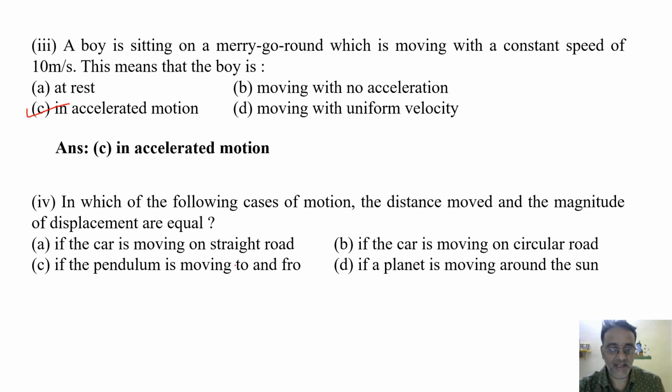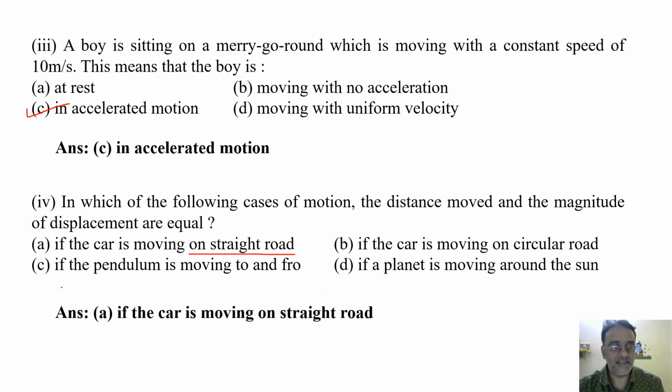So if the car is moving on a straight road, in this case we will get the distance moved and the magnitude of displacement equal, right? And in our example, if we look at one side in a straight way, the distance will be 100 meters and the displacement will also be 100 meters, right? So the correct option is A, that is if the car is moving on a straight road.